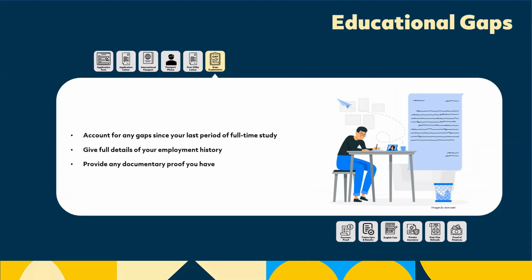So you need to give full details of your employment history and provide documentary proof as well. So again, you provide a CV, employment letters, maybe pay slips as well, things that can prove what you have been doing within that time. That is very, very important as well.